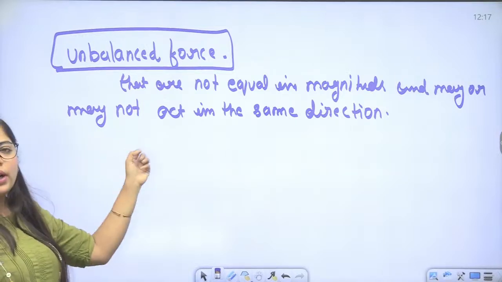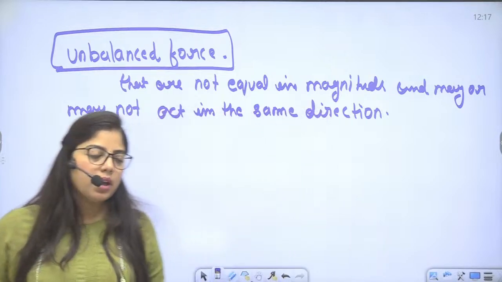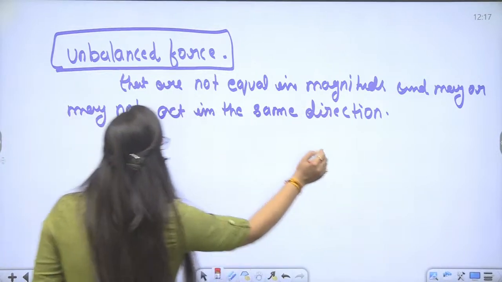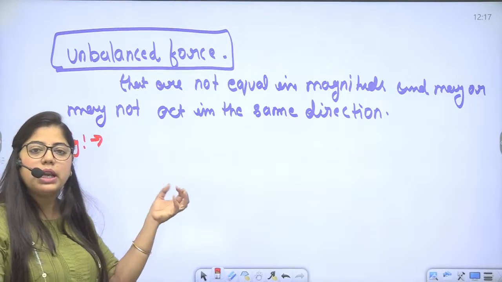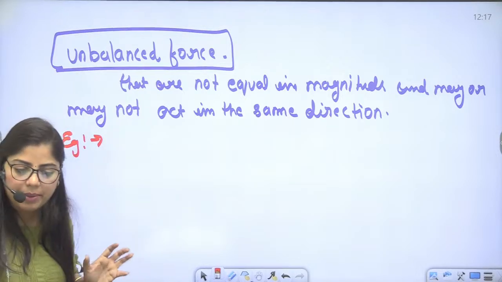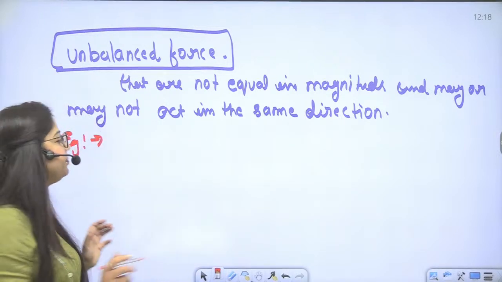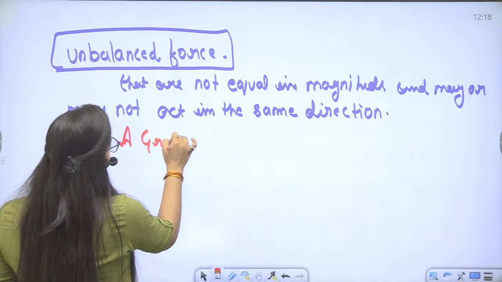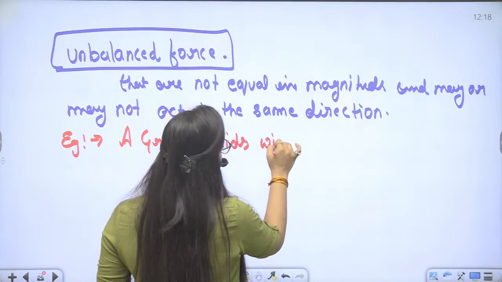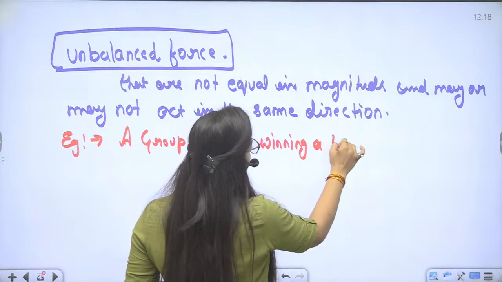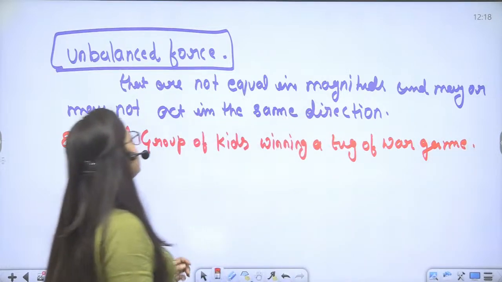Now, what are some examples of unbalanced force? Some of these examples are based on your daily life. Like a group of kids winning a tug of war game. This is unbalanced force.